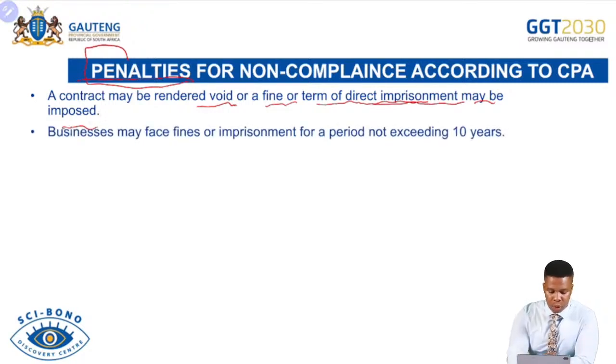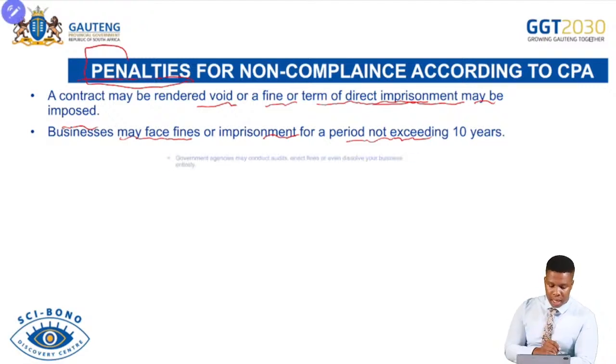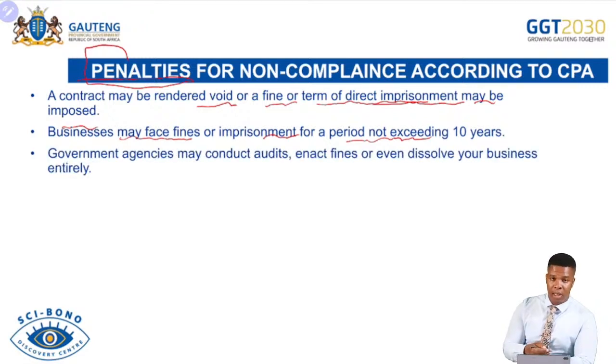Another punishment towards the business could be that businesses may face heavy fines or imprisonment for a period not exceeding 10 years. That is another penalty for not complying with the act. Remember, we're talking about legislation, which are laws that are set and they have to be followed.